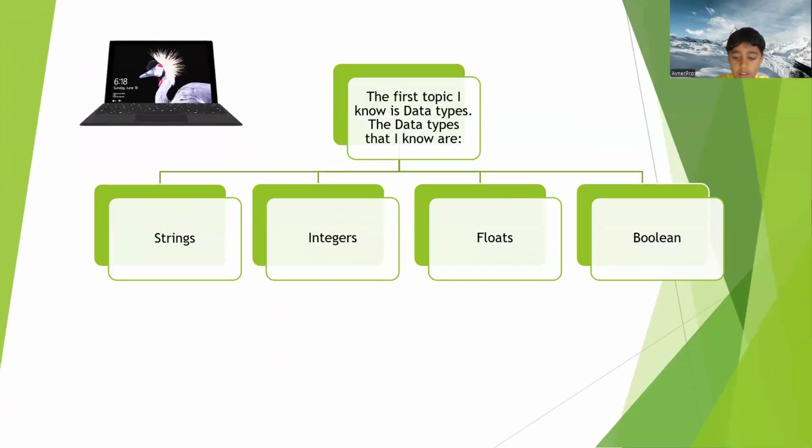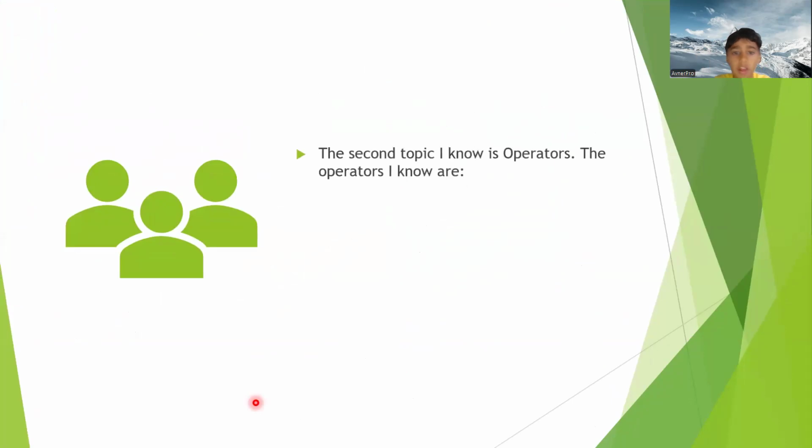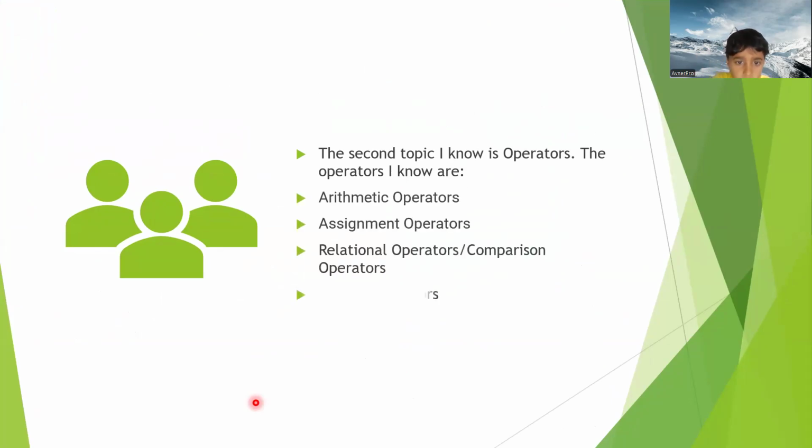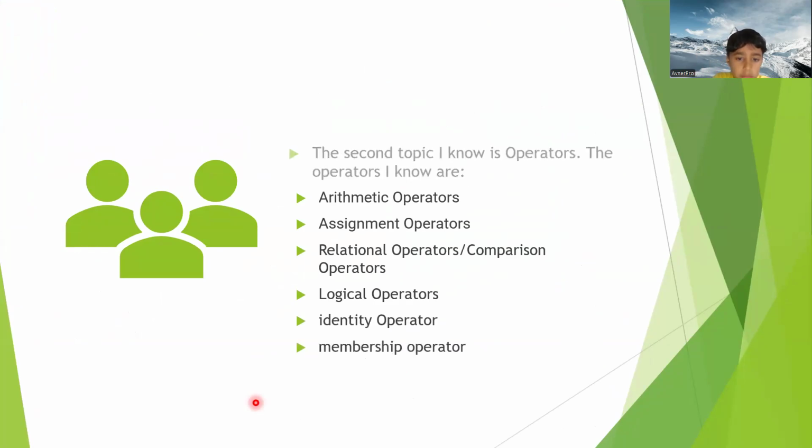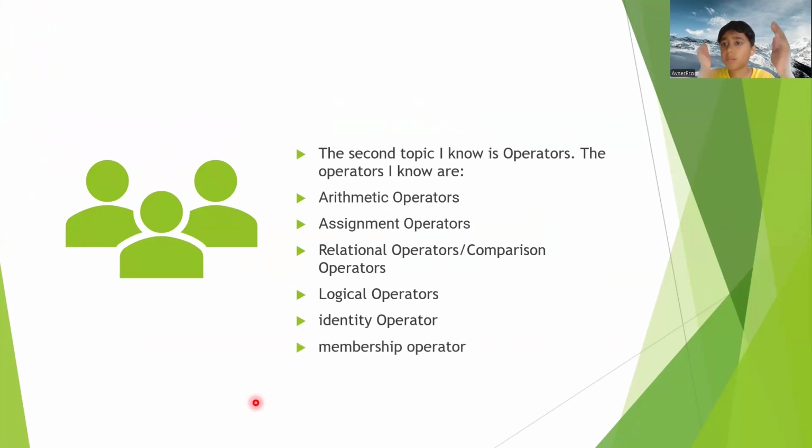Oh, this is nothing. Okay, my bad. The second topic I know is operators. The operators I know are arithmetic operators, assignment, relational operators, logical operators, identity, and membership operators. Okay, so arithmetic operators are like plus, minus, divide, and times.